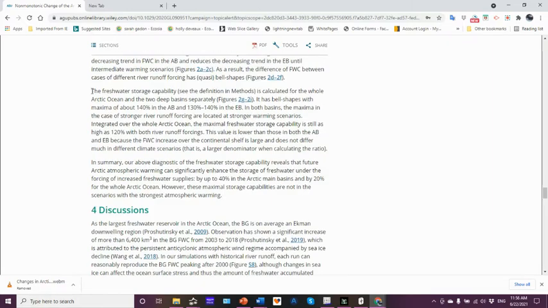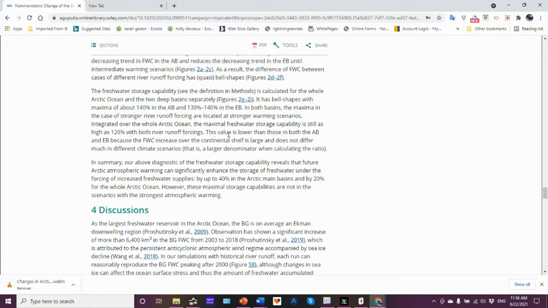Freshwater storage capability is calculated for the whole Arctic Ocean and for the two basins. And when I went through that, in both basins, the maxima in the case of stronger river runoff forcing are located at stronger warming scenarios. Integrated over the whole Arctic Ocean, the maximal freshwater storage capability is still as high as 120%, those 20% above the historical levels.